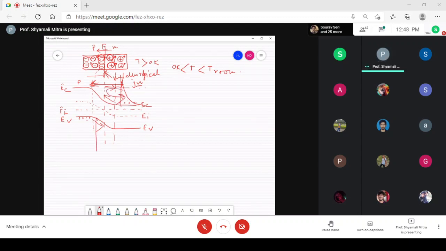Here also, if you draw this, then only the holes residing here can cross, and the holes sitting over there just bounce back. These electrons bounce back to their own side.